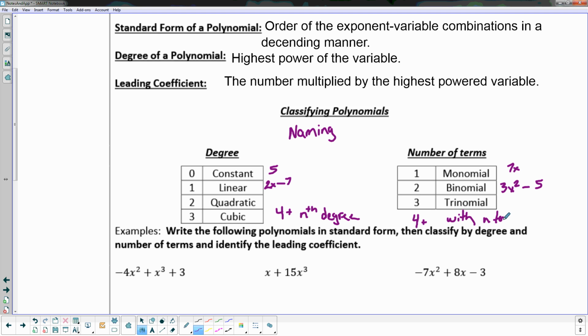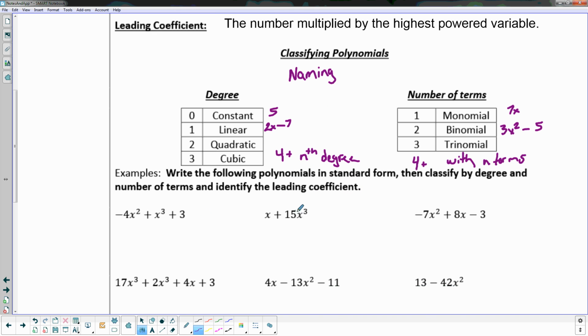Again, n being that number that's more than 4. Okay? So I don't want us to learn a bunch of names that are useless, but it's okay to learn a couple of the names. You can do a little bit of memorization, or just have this page in front of you when you're trying to name polynomials.